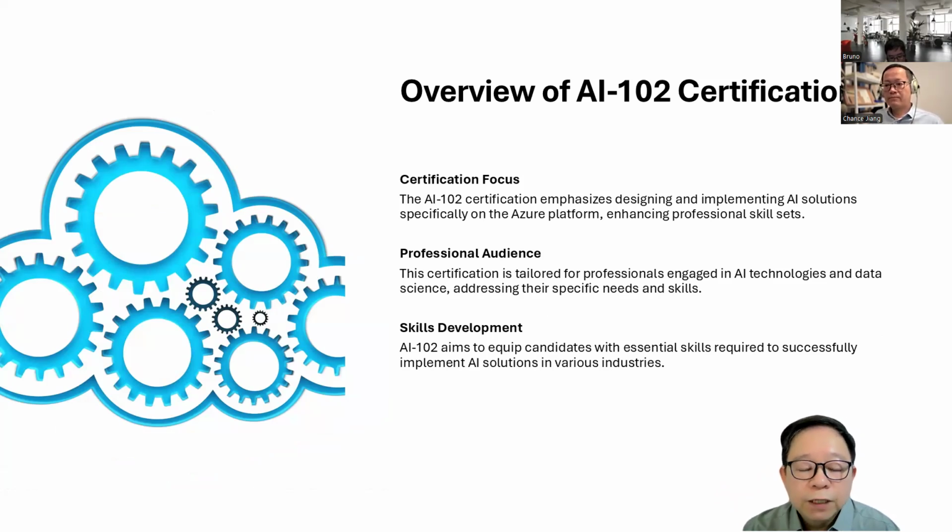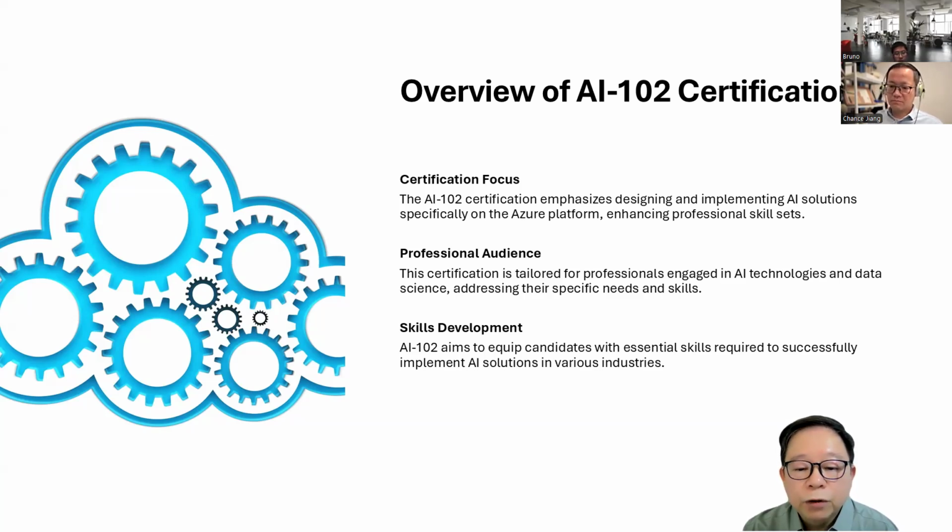This certification is catered for professionals engaged in AI technology and data science, able to build specific AI solutions. After they obtain the skill, they are able to apply what they learned in project development. Very simple.